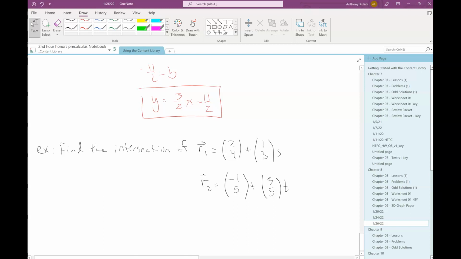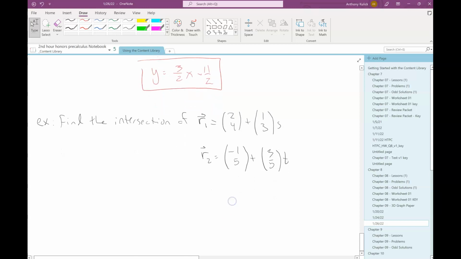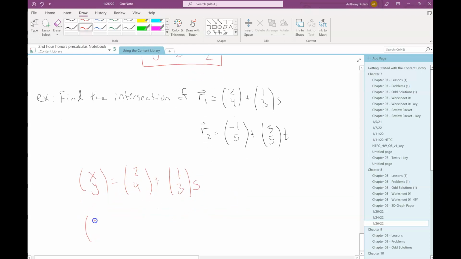Okay, so what we're saying is if I have a point on the intersection of the two lines, I have some point (x, y) that is on this vector line, and the same point (x, y) should be on this vector line.